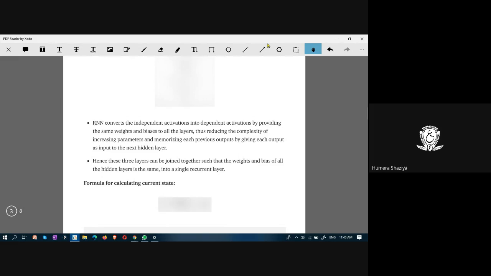And memorizing is a function which RNN performs. A CNN does not remember anything, does not memorize, whereas RNN memorizes. Memorizes means, suppose if I tell you that RNN is a recurrent neural network and LSTM is long short term memory.